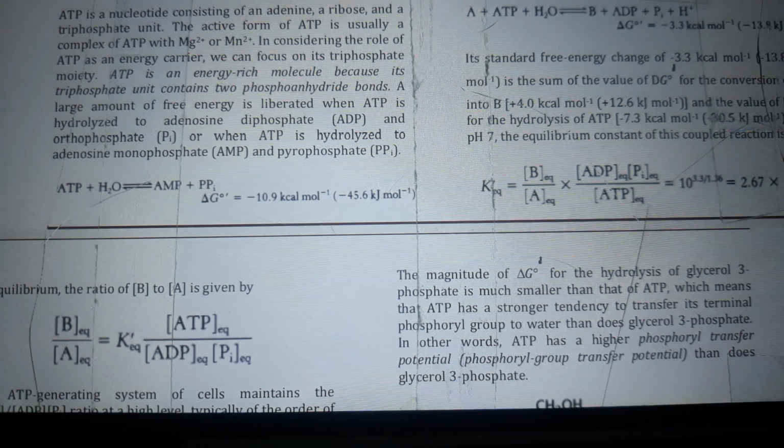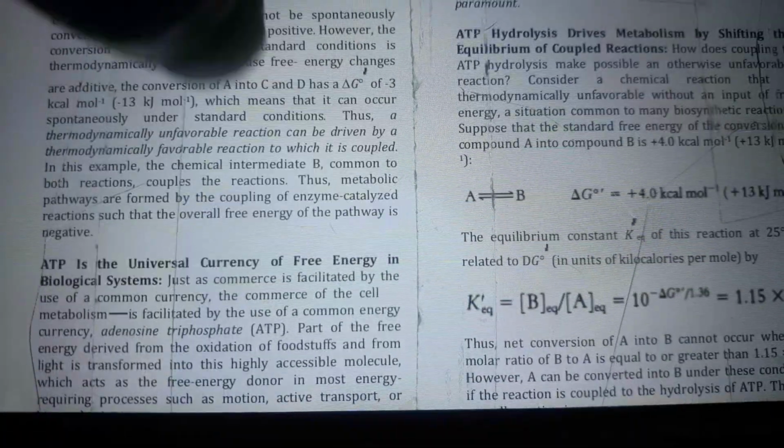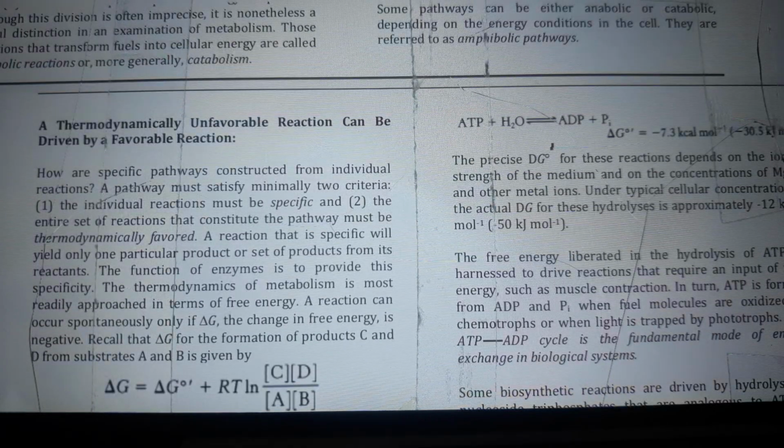So ATP plus water gives AMP plus PPi, delta G0 is equal to minus 10.9 kilocalories per mole, and ATP plus water gives ADP plus Pi, delta G0 equal to minus 7.3 kilocalories.